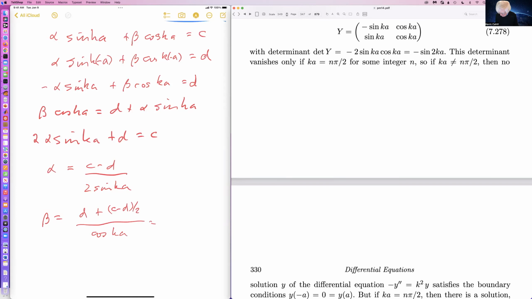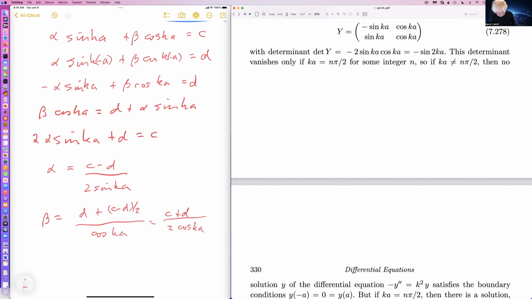And this then is C plus D over 2 cosine Ka.